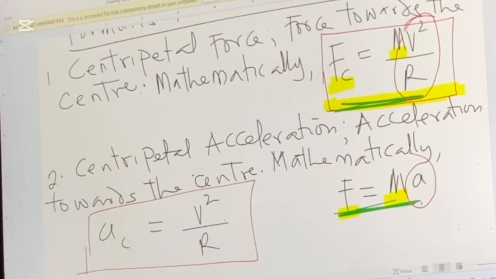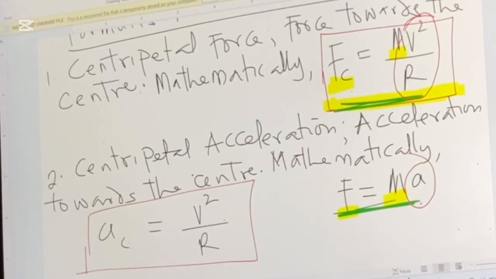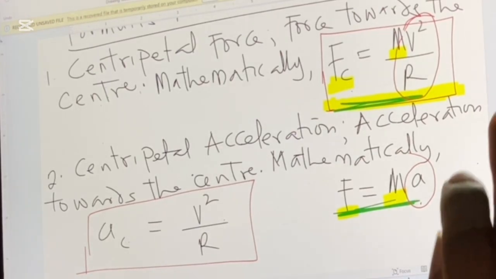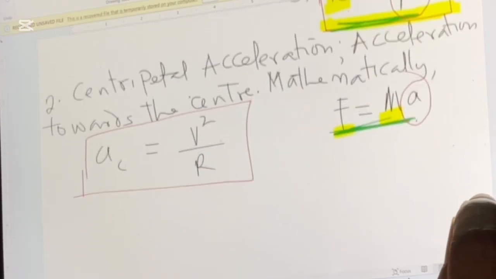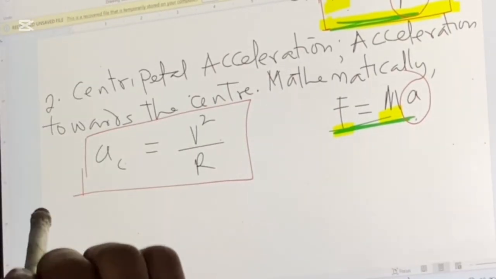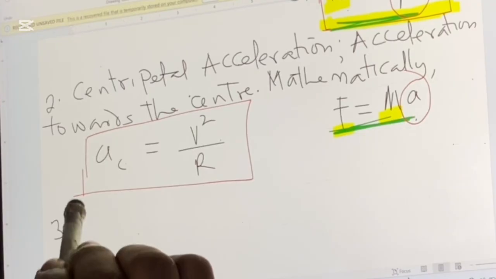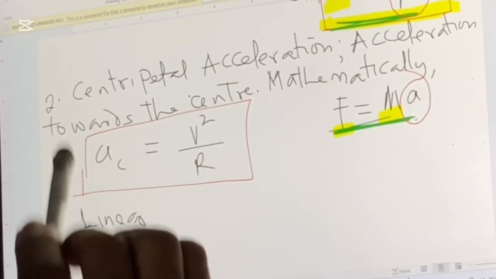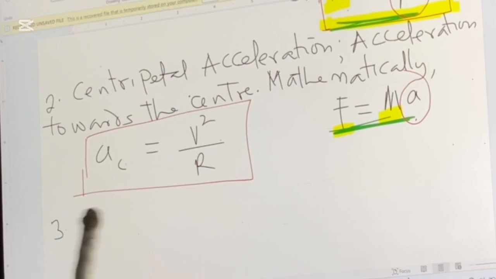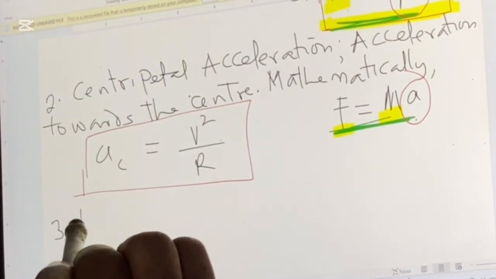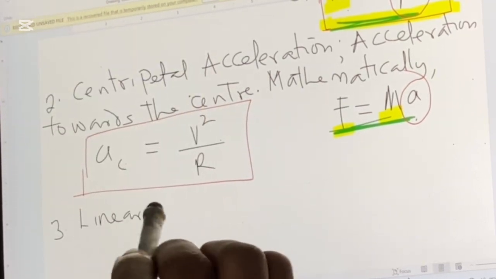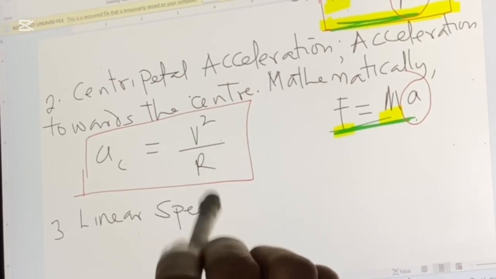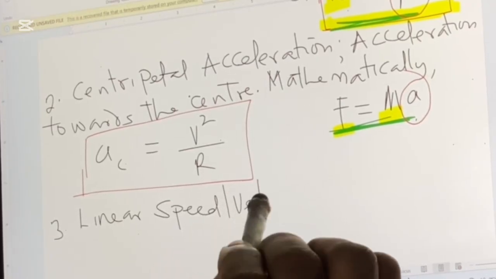So the next formula for circular motion we have to consider is linear speed or velocity. That is formula 3 here, linear speed or velocity.